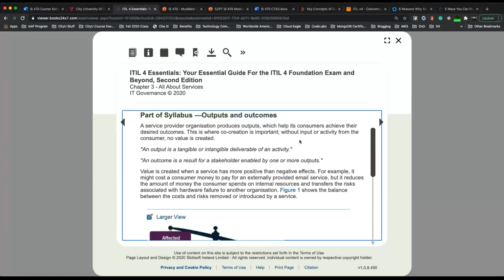So again, an output is a tangible or intangible deliverable of an activity. An outcome is the result for a stakeholder enabled by one or more outputs, right? So that is basically where if the consumer used it, they'll get the outcome.